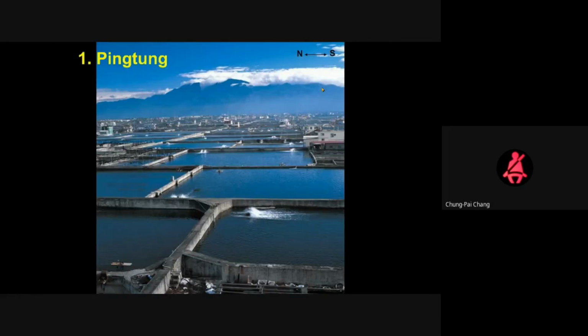The first one is from Pingtung. You can see the fish ponds. They are very common in this area. And for these fish ponds, they pump a considerable amount of groundwater from this area, especially during the winter, because in winter this area is in the dry season.